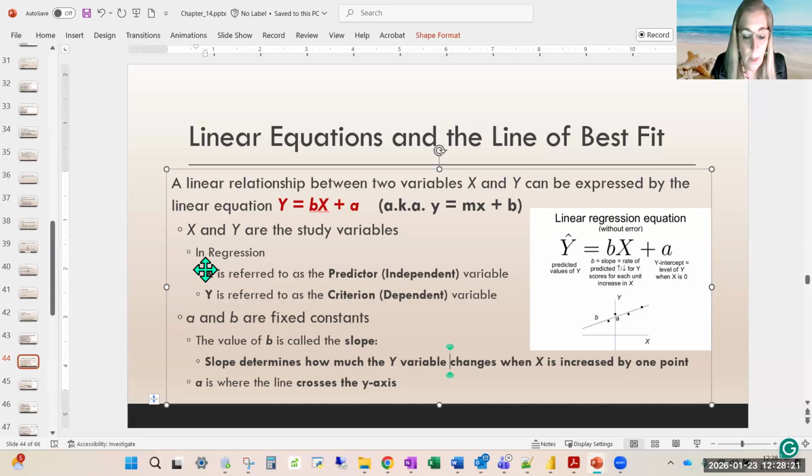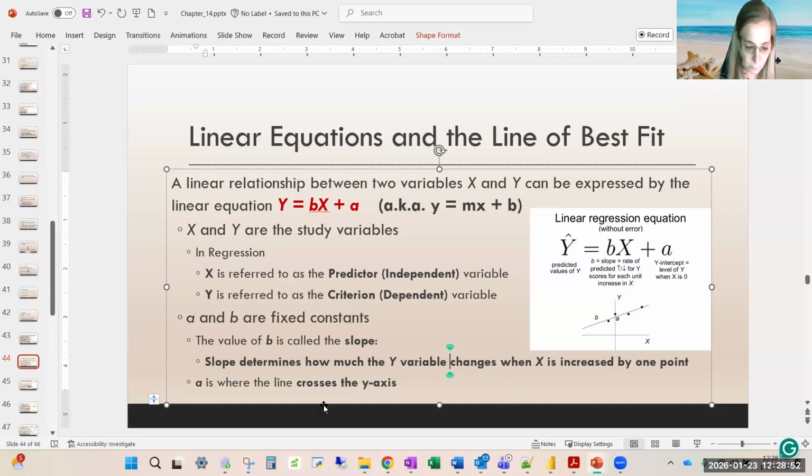All right, so we're seeing in this regression equation where the X and Y are placed so that we can make calculations. To expand further on this formula, A and B are fixed constants. The value of B is called the slope. Remember you learned about rise over run when you were doing graphing? Hopefully you remember calculating slope in lower level math classes.